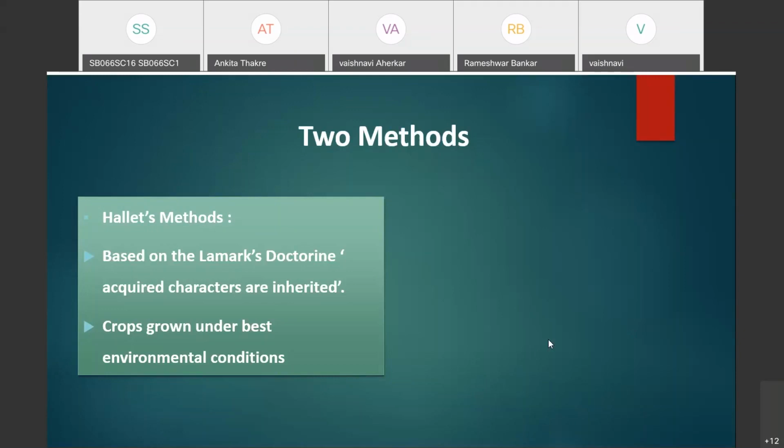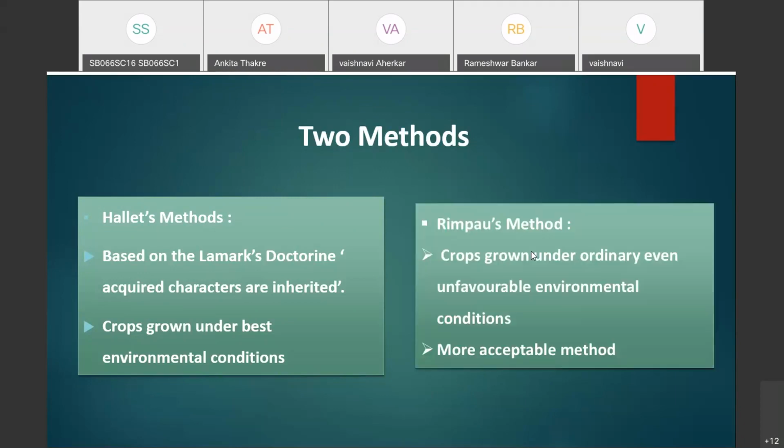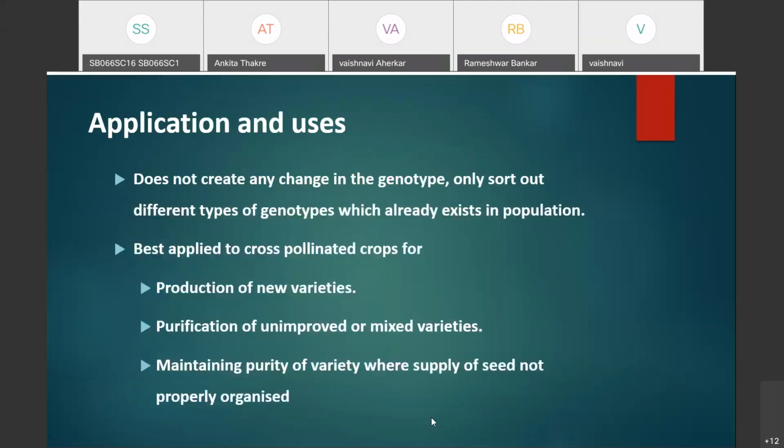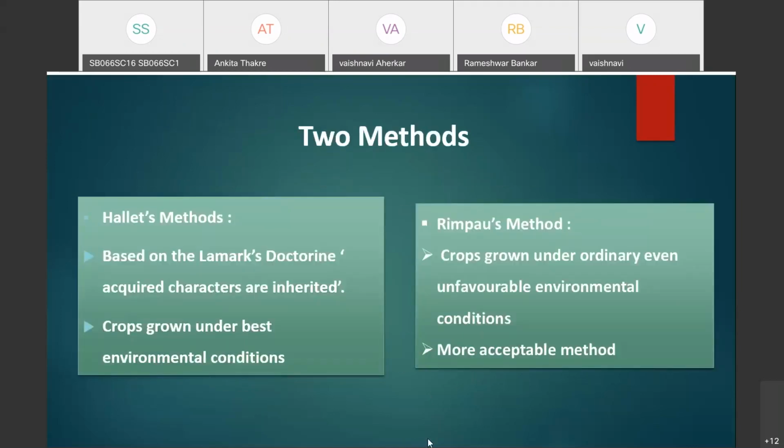Okay, but this is not practical, that is acquired characters are not inherited, and that's why another method was introduced, and this method is known as the Rimpau method. As per this method, the crops are grown under the ordinary or even unfavorable environmental condition.